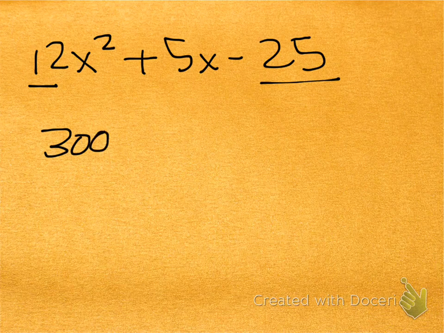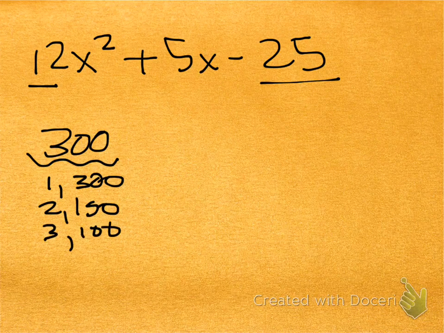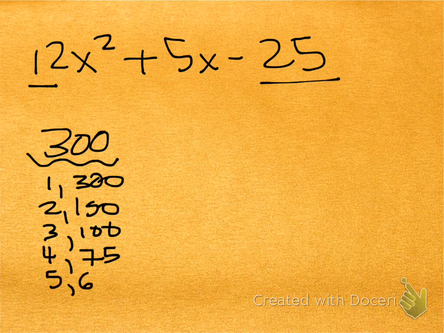So we need factors of 300 that give us 5. So we have 1 and 300, 2 and 150, 3 and 100, 4 and 75, 5 and 60, 6 and 50. Haven't really gotten close yet here, so I'm going to keep going.